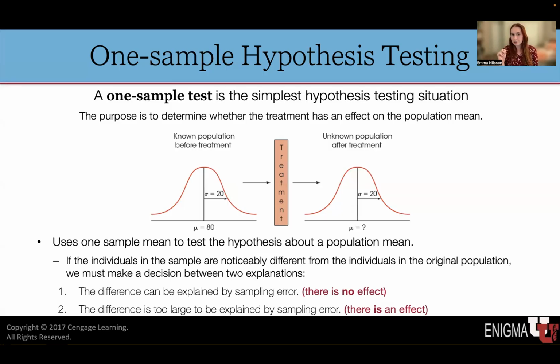The first explanation is that the difference is there only because of sampling error. It's random chance. There was no real effect from the treatment. The sample mean was different from the population mean just due to sampling error. The second explanation is that the difference is too large to be explained by sampling error, which means that the effect must have been from the treatment. So this hypothesis testing is all about figuring out which of those is the correct explanation.